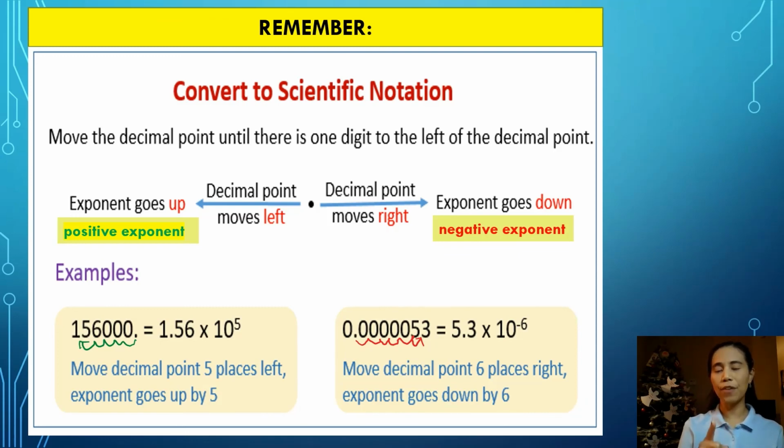So after 5, which is a non-zero digit that is greater than 1 but less than 10, that's why we have 5.3. We included 3 because that is a non-zero digit, but all the zeros are dropped or taken away. So we only have 5.3 times 10 raised to negative 6 because we moved from left to right. That is why the exponent is negative. I hope all these are clear with you.